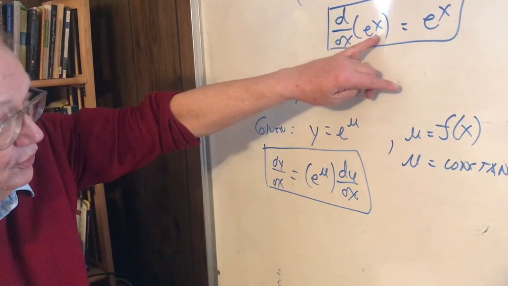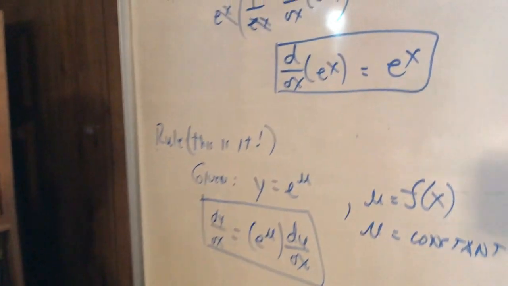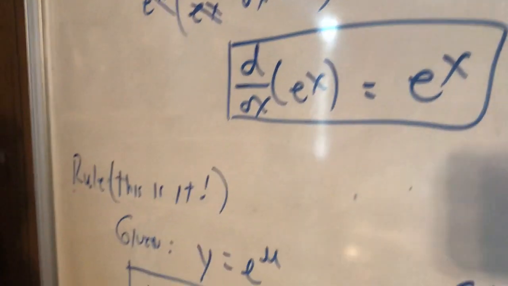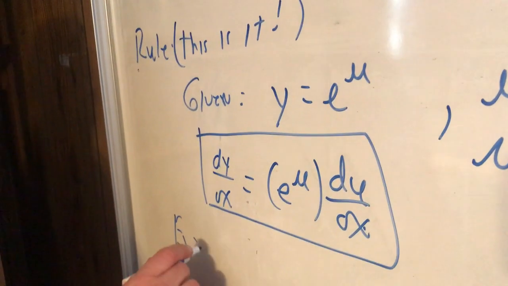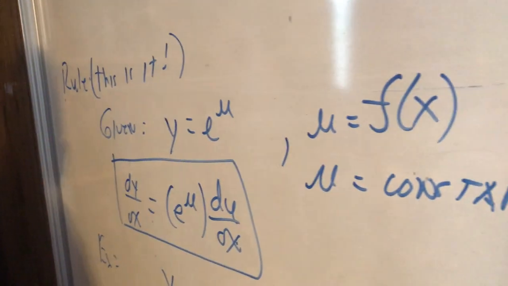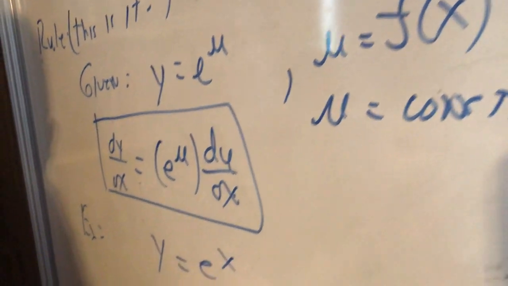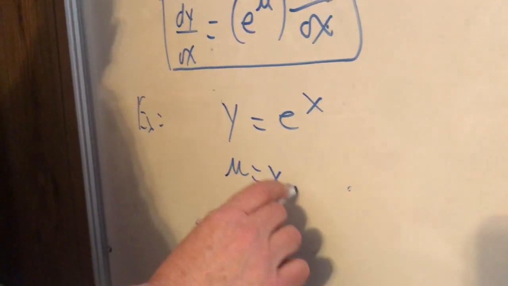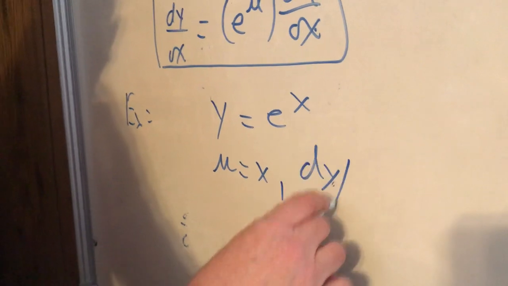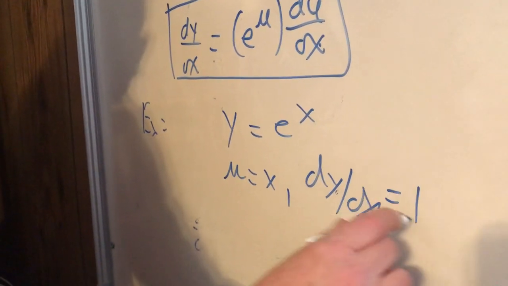Now notice here u is x. So if we would do this one here, and we had y equals e to the x, we would say u is x and du dx equals 1.